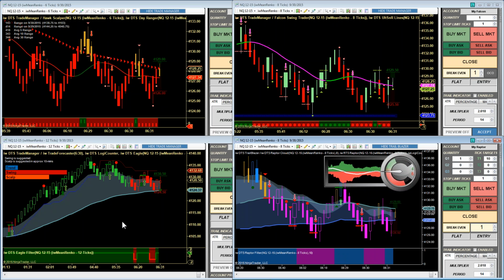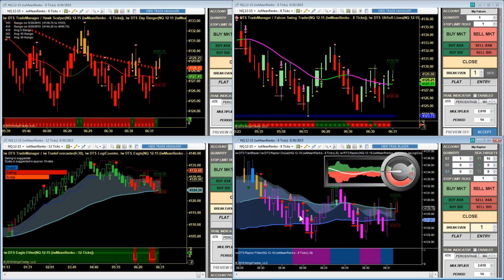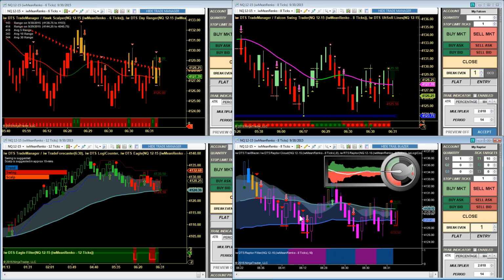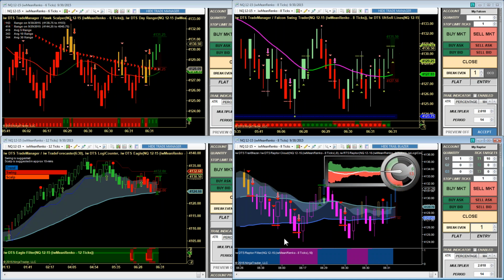Bottom left is the Eagle Trend Trader, and the bottom right is the Raptor. The Raptor is the latest addition to the DTS family, and it's essentially a blend of the other three tools. Now, each of these tools has been specifically programmed to find its peculiar market environment.